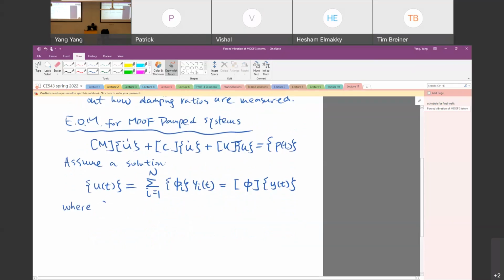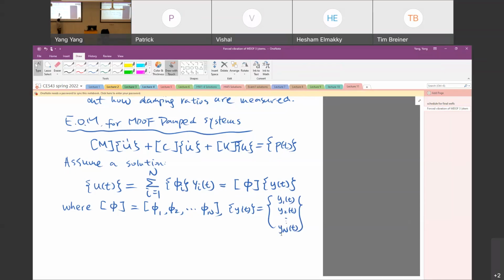Where the modal shape matrix is equal to phi 1 through phi n, and y is the vector of responses. We can further express the term in the middle in the form of a matrix.